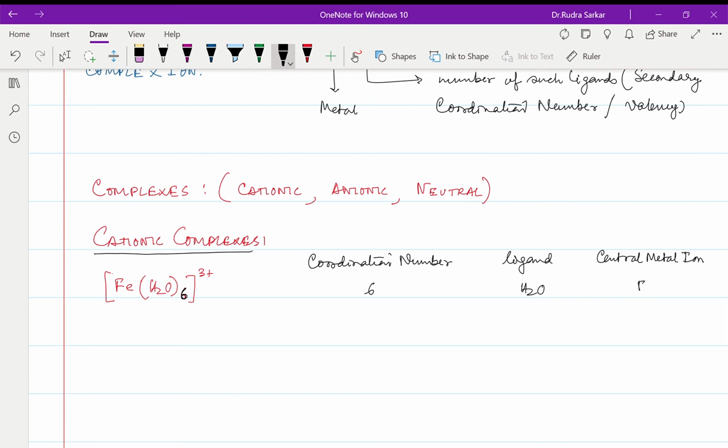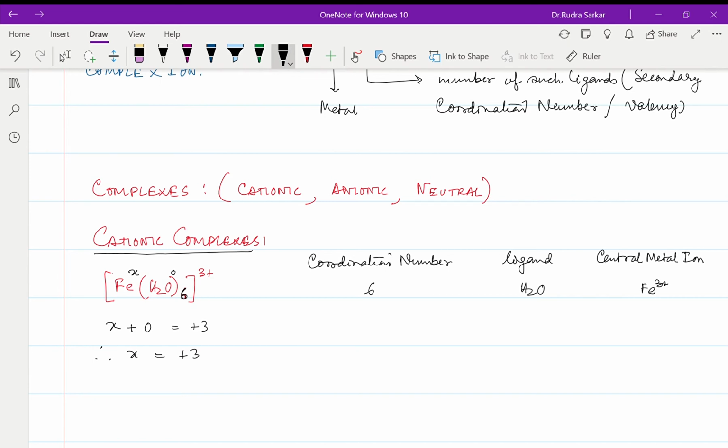We will say it is Fe3+. Why Fe3+? Because this particular ligand has charge 0. If I consider this to be X, then X + 0 = +3. Therefore, the value of X will be +3. And that is how I found out the oxidation state of the central metal ion, or the primary valency of the central metal ion.